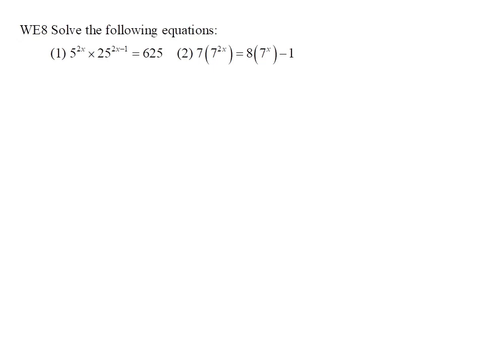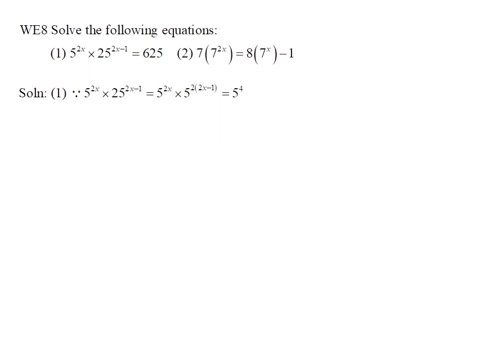Example 8 is to solve two exponential equations. The first one is 5 to the 2x multiplied by 25 to the power of 2x minus 1, which equals 625.